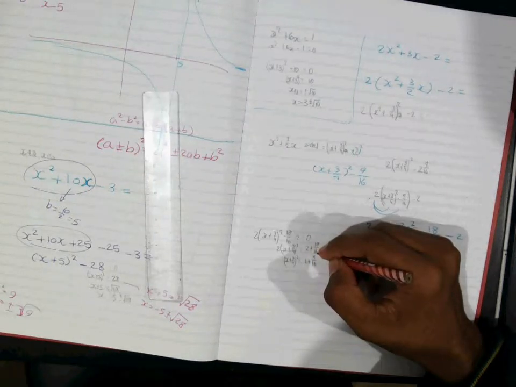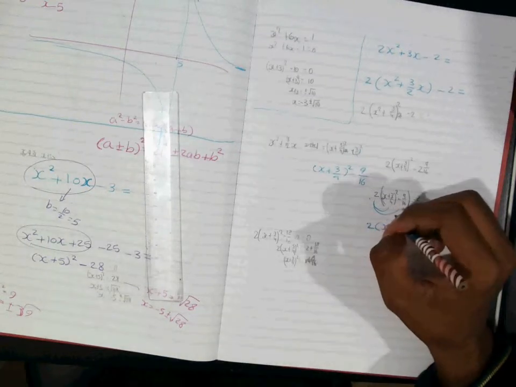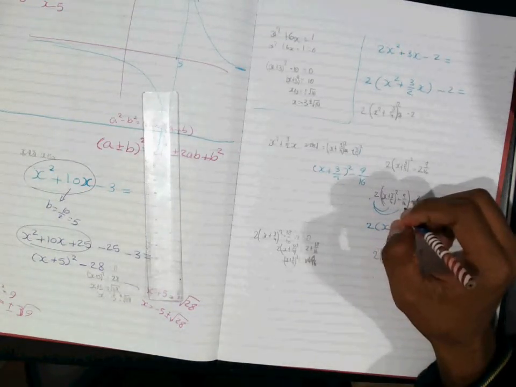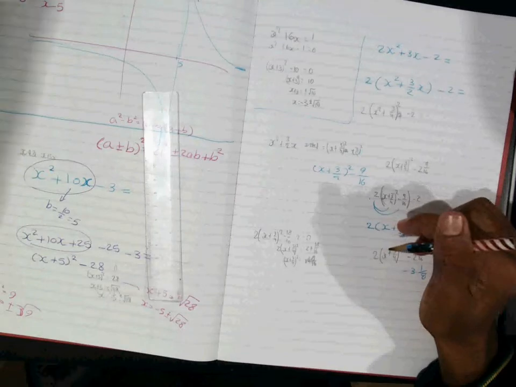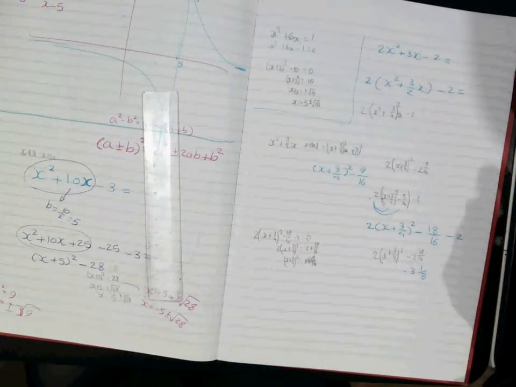What are we doing? Are you solving it? You're not solving it. We don't need to solve it. We just need to look at this final form and say what would be the coordinates of the minimum point.